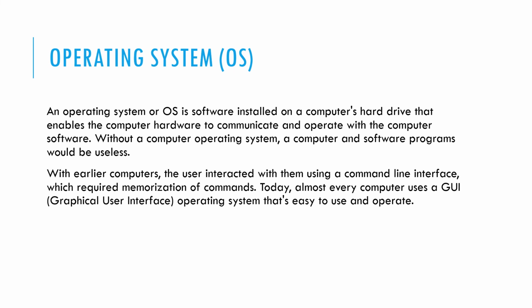With early computers, the user interacted with them using a command line, which required memorization of commands. Today, almost every computer has a GUI, graphical user interface, operating system that's easy to use and operate.